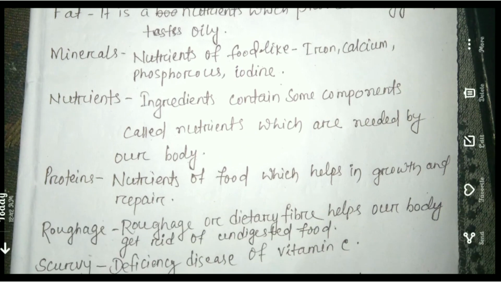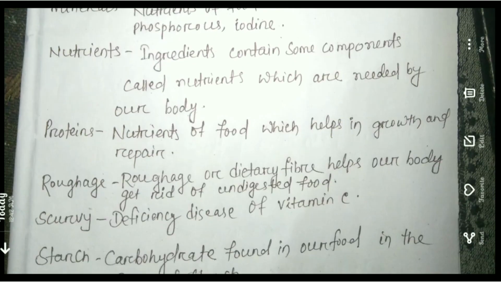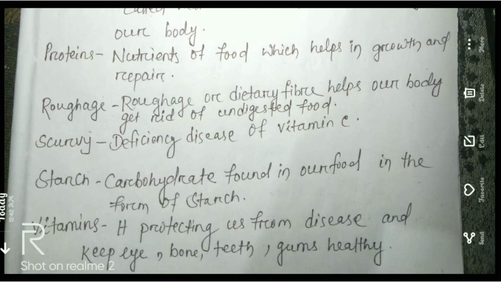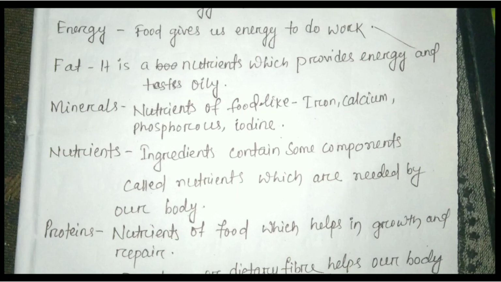Minerals: nutrients of food like iron, calcium, phosphorus, iodine, etc. Nutrients: ingredients contain some components called nutrients which are needed by our body. Protein: nutrient of food which helps in growth and repair, and protein is the body building food, right?